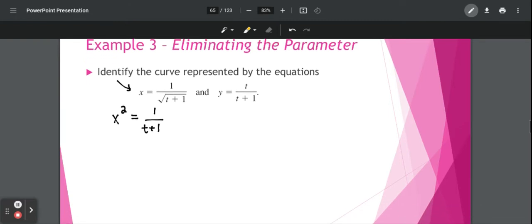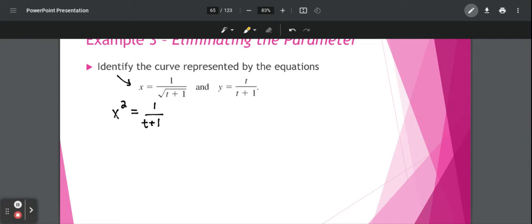Right? And again, we want to solve for t. So if you were to multiply both sides by t plus 1, we would get x squared times t plus 1 equals 1. We need to get t by itself, so let's divide both sides by x squared. So we get t plus 1 equals 1 over x squared, which means that t equals 1 over x squared minus 1.